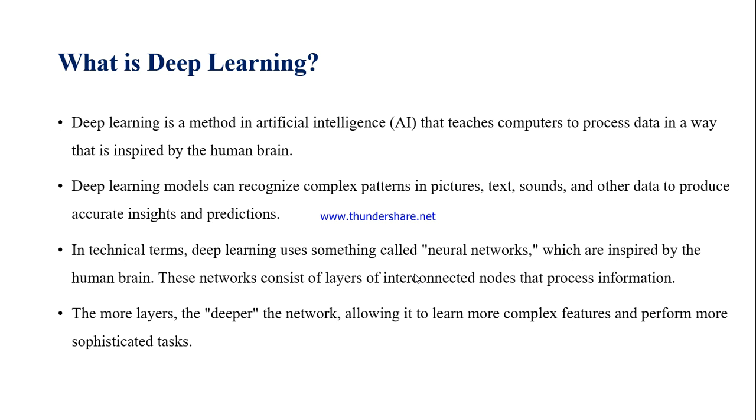So you can train anything and get the results based on the training. Moreover, it is also helpful to recognize complex patterns in data in the form of pictures, text, sound, or anything else, and helps to get accurate predictions. Moreover, deep learning uses the term neural networks here.